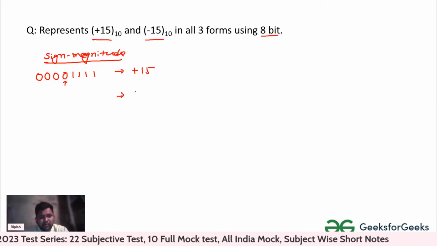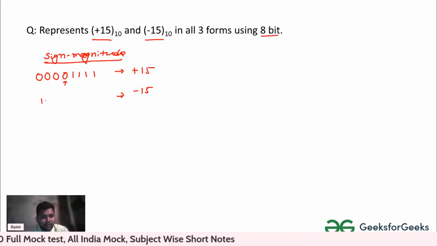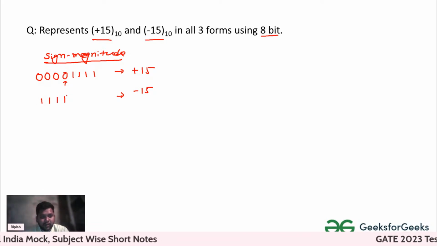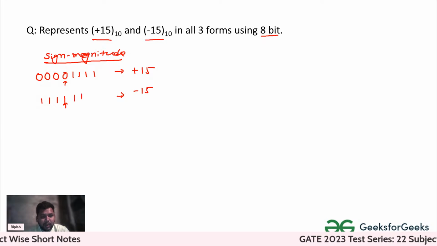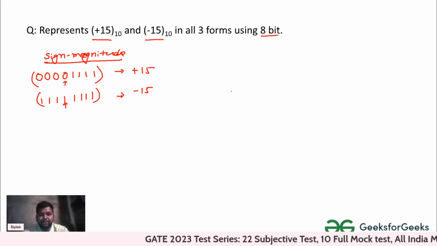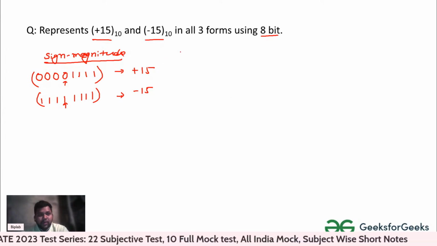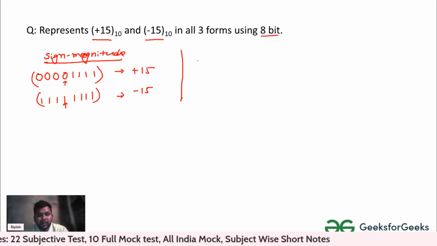The same way, for minus 15 you will have 10001111, because the sign bit is 1 and the rest is the same. So this is the 8-bit representation.